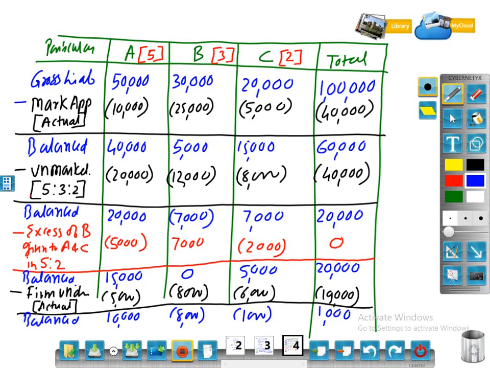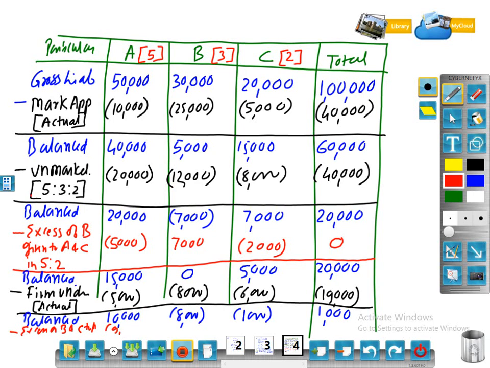So the negative of B and C we have to give to Mr. A's benefit. So here less excess of B and C to A. Now here A only. So 8 plus 1, 9.